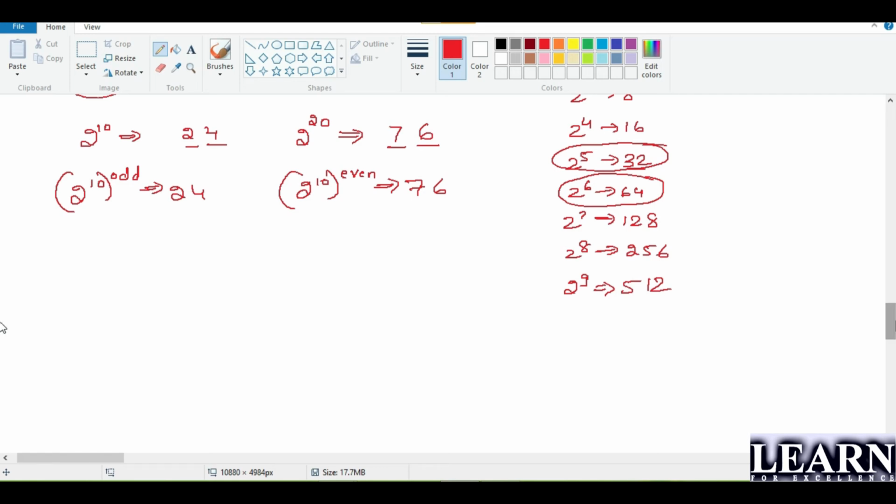Okay. Now what happens with the other number? Clear. Now I'll take one simple example for this side. We'll take examples in two formats: one is even and one is odd. Now what is 2 to the power 746?